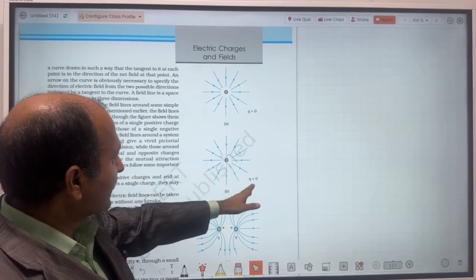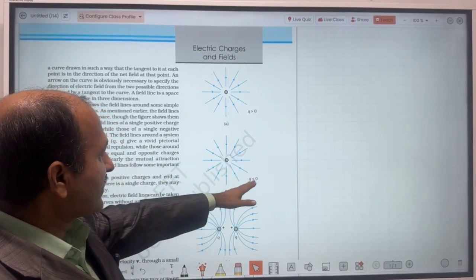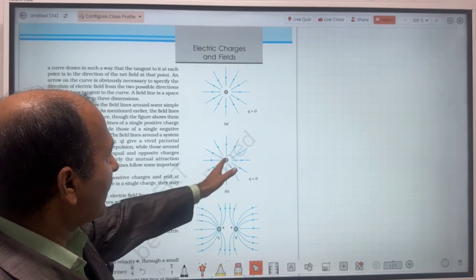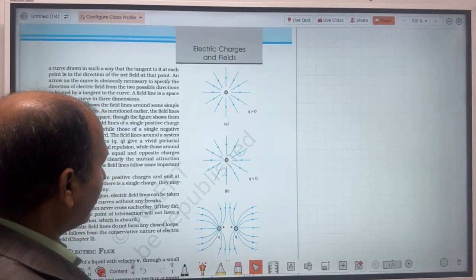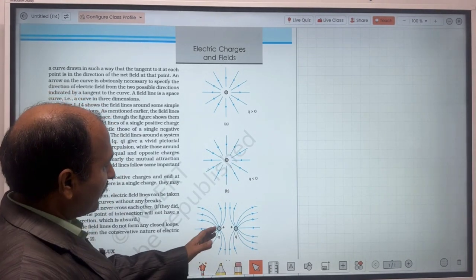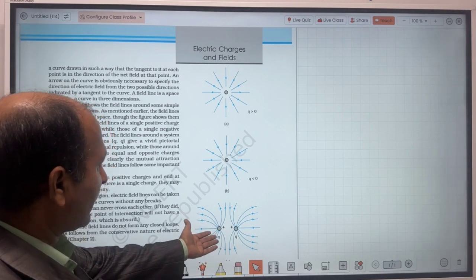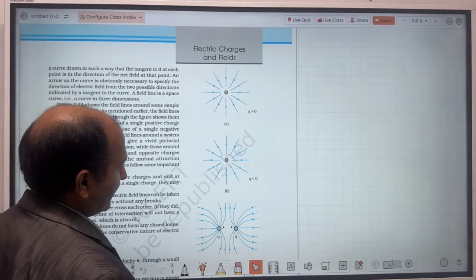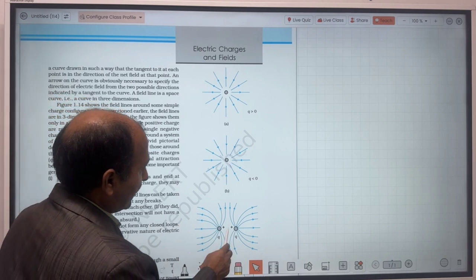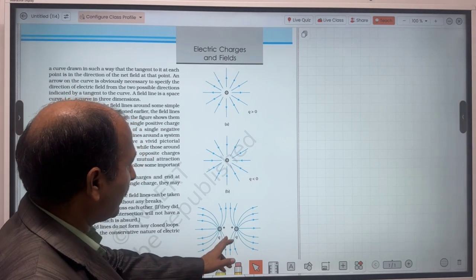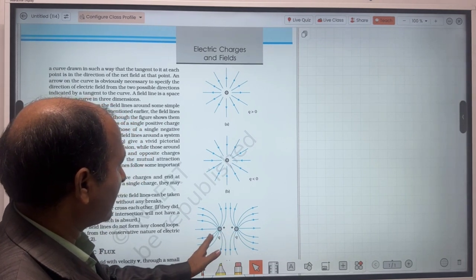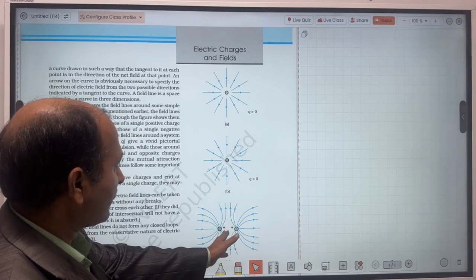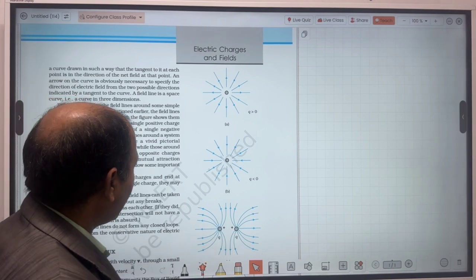If the charge is negative, meaning less than 0, the field lines are entering. And if two charges are of like nature, here positive ones are shown, then the field lines will be directed like this, and there will be a neutral point where no electric field exists, because the fields due to both charges get cancelled.